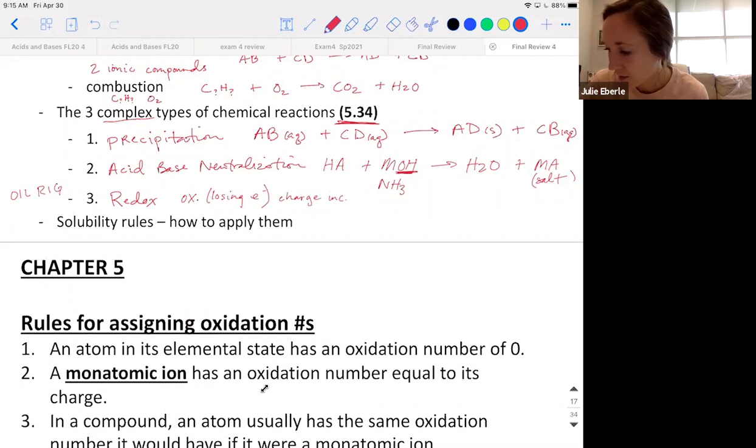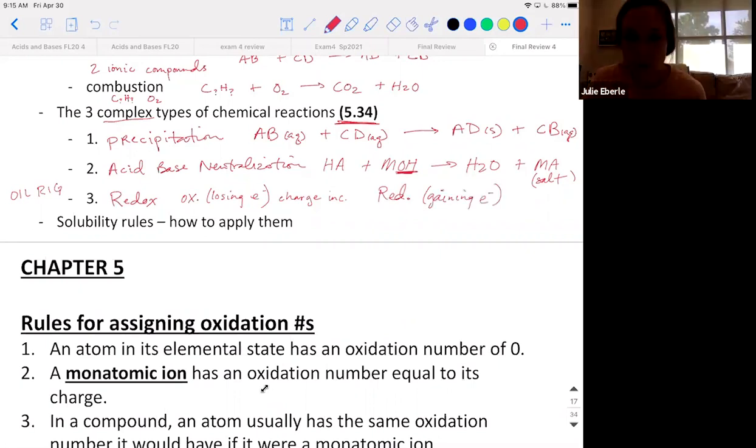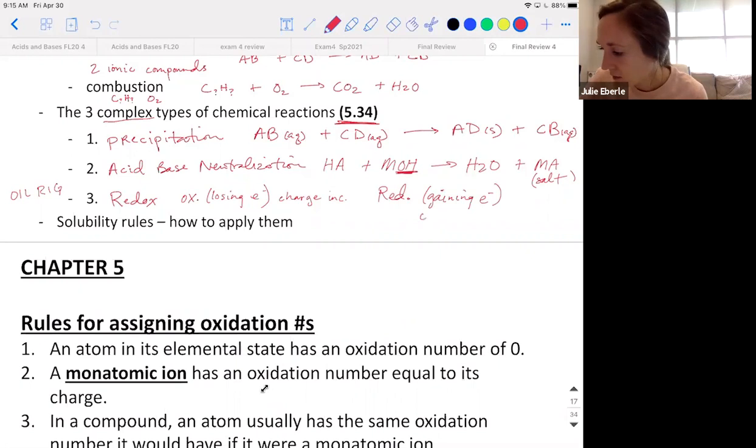Charge increases, okay? Reduction is when you're gaining electrons. So what happens to your charge or your oxidation number? It is reduced. That's the way I like to think about it. If reduction is happening, your charge is being reduced. It's going down. It's becoming more negative.